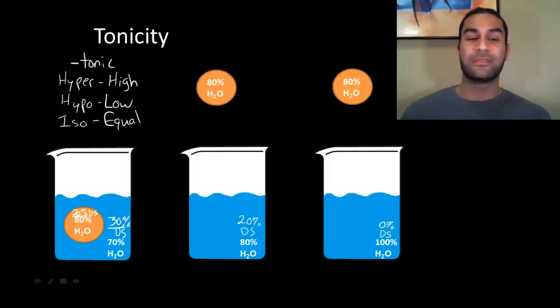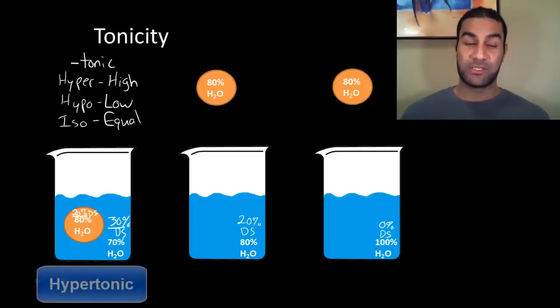So that means there is a greater or higher concentration of solute in my solution, higher solute than what's inside the cell. So this is what I call hypertonic solution. It's hypertonic because there's a greater solute concentration, 30% is greater than the 20% that's inside. So there's a higher solute concentration, and therefore this is a hypertonic solution.